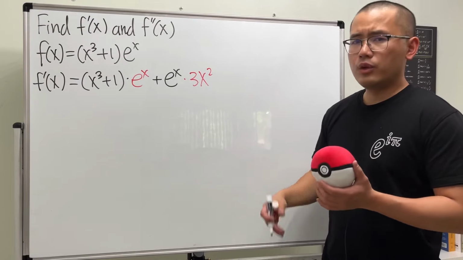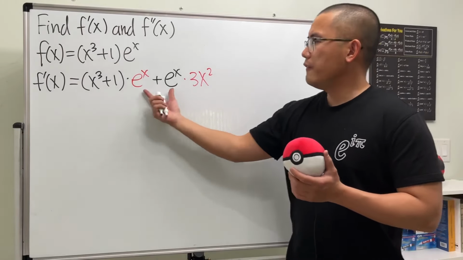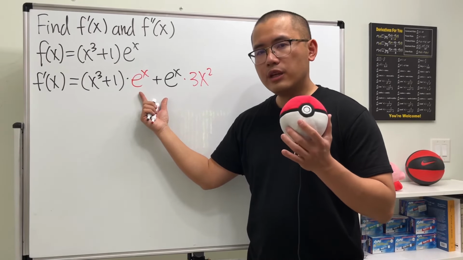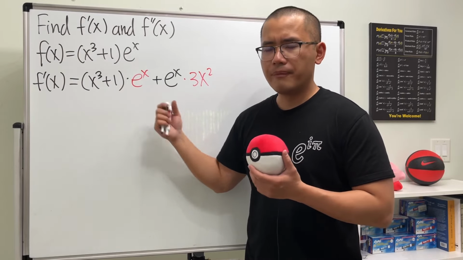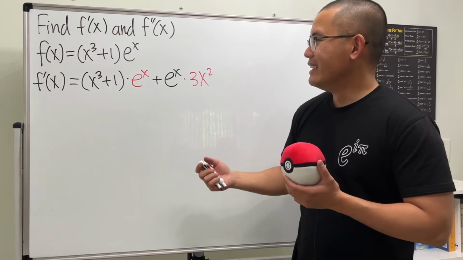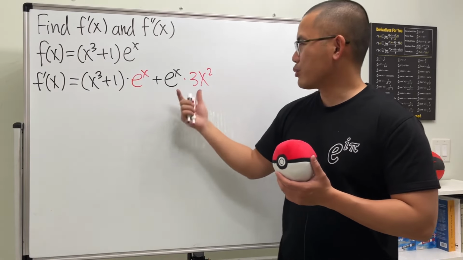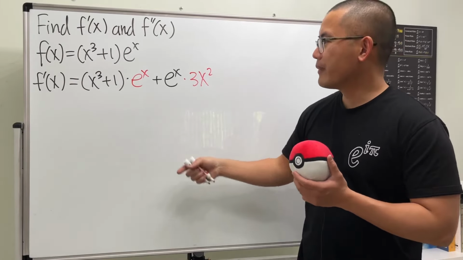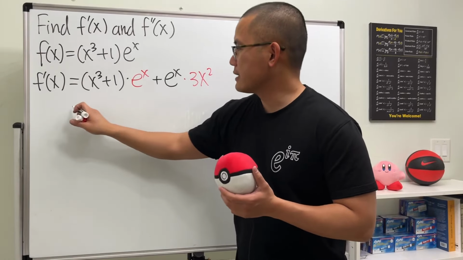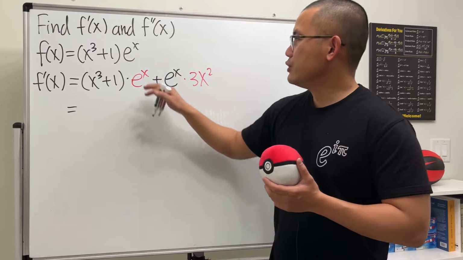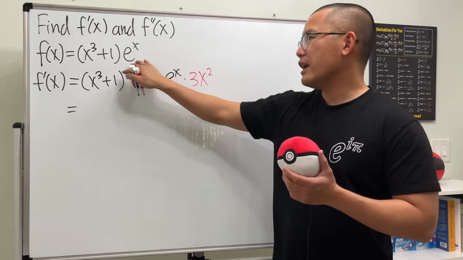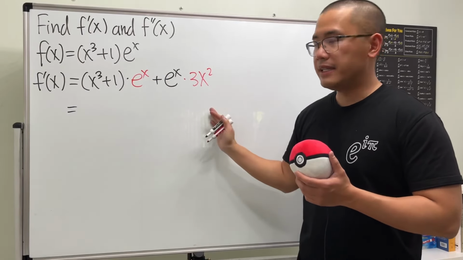And before we continue, we can actually factor out e to the x, and the reason that we want to do that is because it will be easier. Because I don't think you want to do product rule here and then product rule here. Check this out. I'm going to factor out e to the x, and perhaps just to keep the same style, I'm going to put the e to the x at the end.